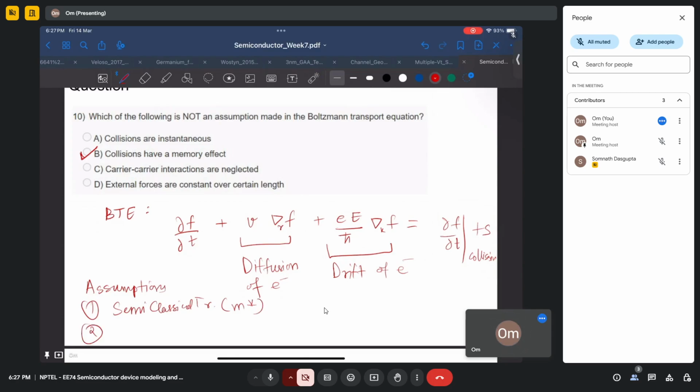Second is instantaneous collisions. Third is no dependence on initial conditions, which basically means there is no memory effect.